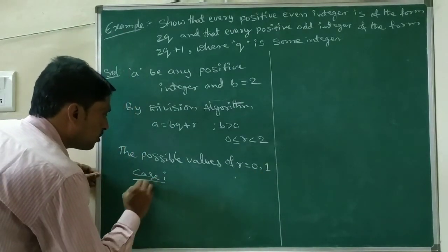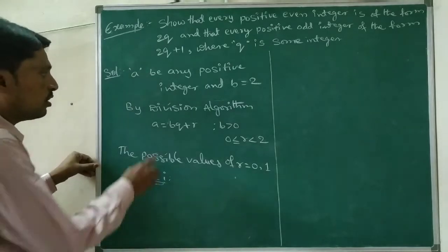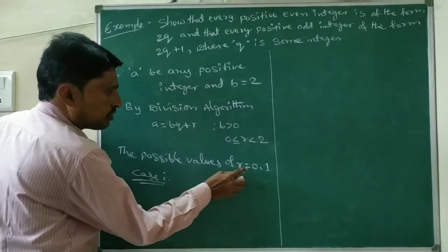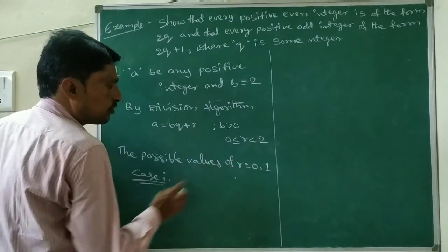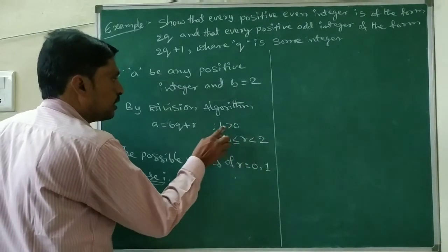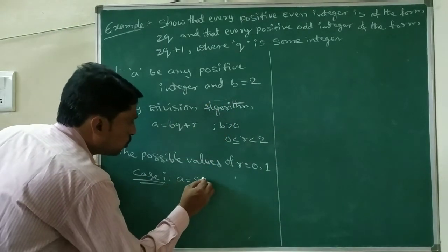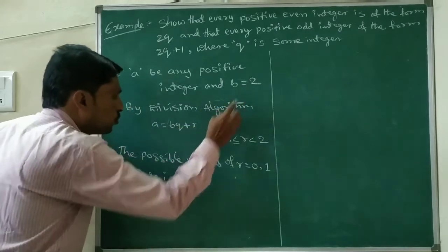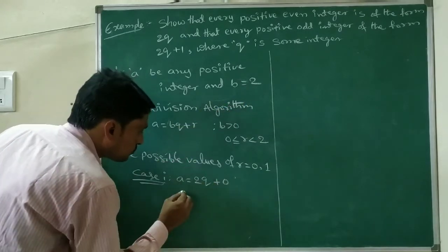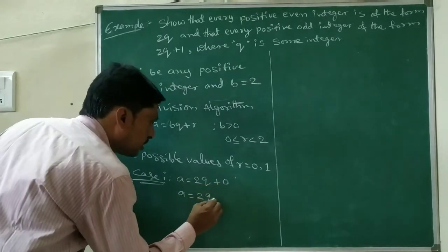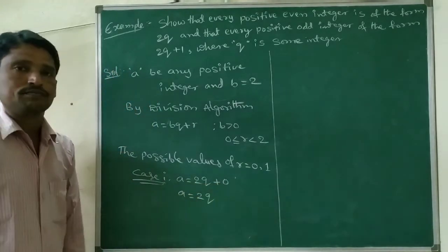So case number 1. First you have to take case number 1. In this division algorithm, we need to substitute these values. The r value first we take as 0 and the b value as 2. So a equal to 2q plus 0. 2q plus 0 means that is 2q only.